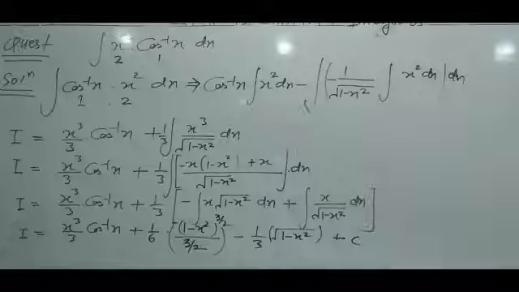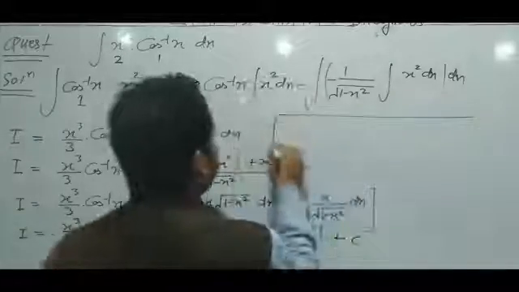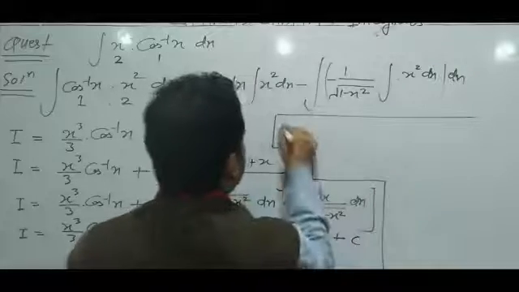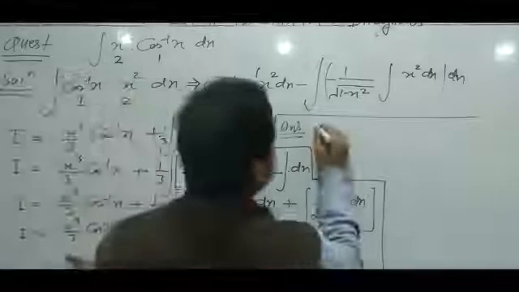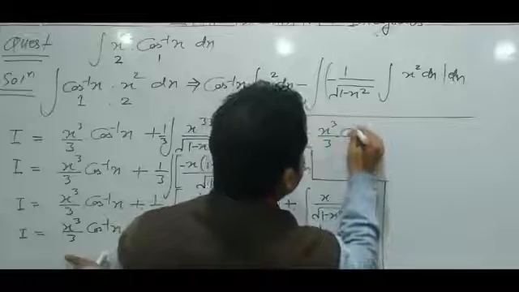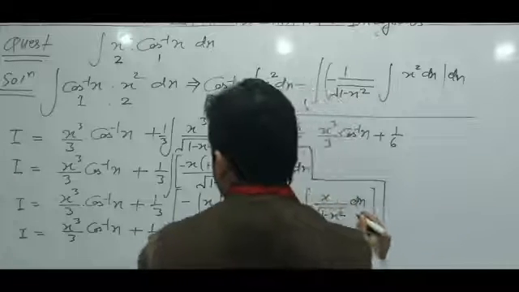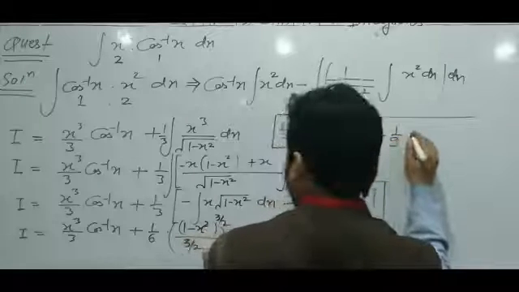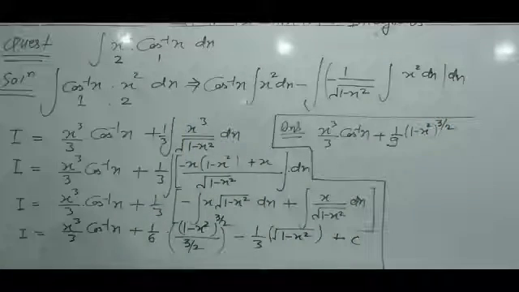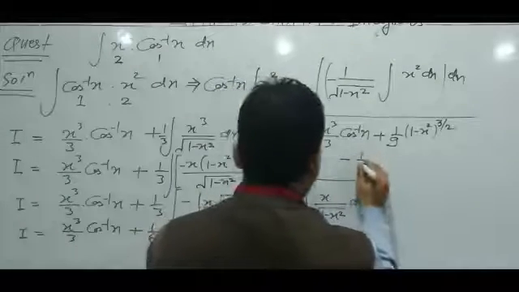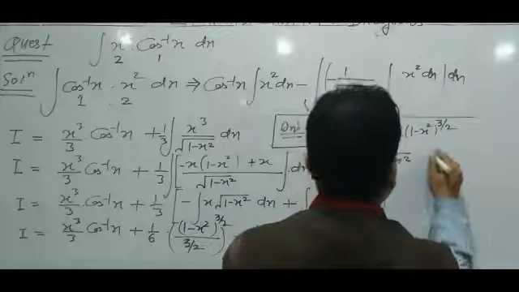Now what will be the answer? The answer I am writing here will be x cube by 3 cos inverse x plus 1 by 6, divided by 2, the result will be 1 by 3, means this will be 1 by 9, 1 minus x square to the whole power 3 by 2, minus 1 by 3 root over 1 minus x square, and now plus c.